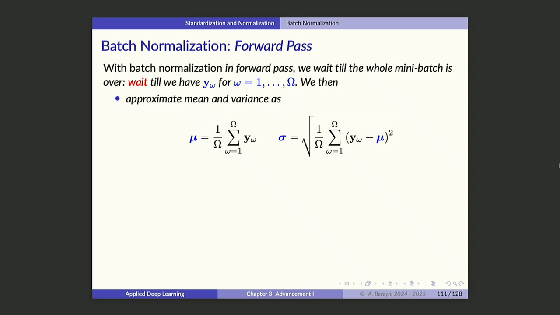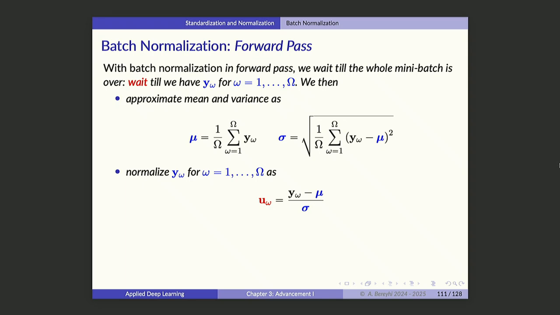But if you want to think in terms of one processing pipeline, then you need to wait, right? Okay, so you wait, you compute that. Once you have computed that, now you do your normalization, right? So you subtract the mean value from every single sample, and you divide by the standard deviation.